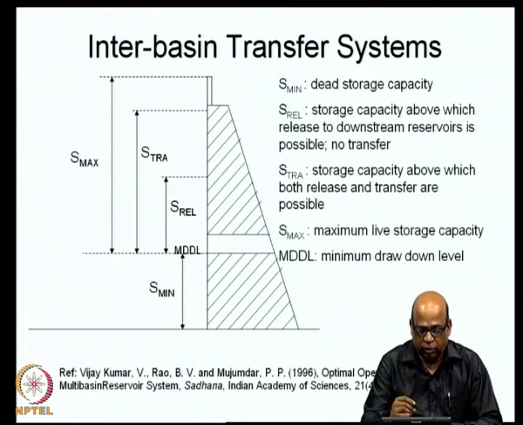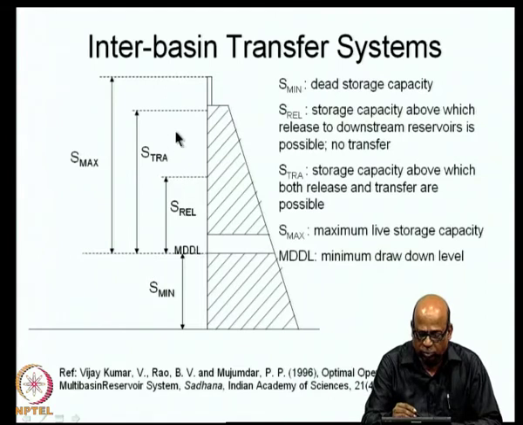After meeting the demands, if the storage is above a certain minimum level, I call it SREL. So, after meeting its own demands, if the storage is above this particular level, then you make a release to the downstream reservoir. So, SREL is the storage capacity above which release to the downstream reservoir is possible, but no transfer yet.